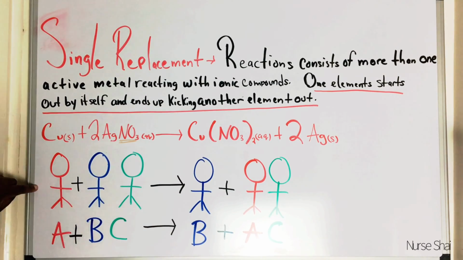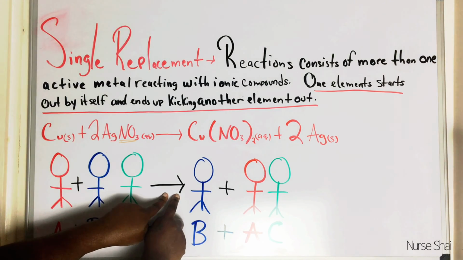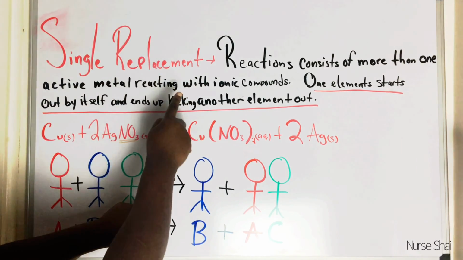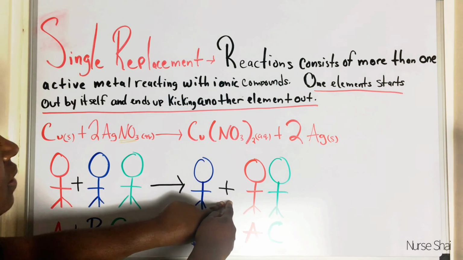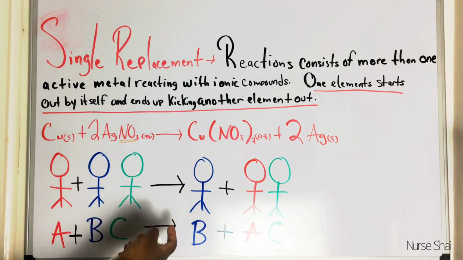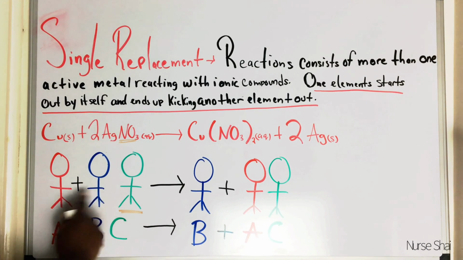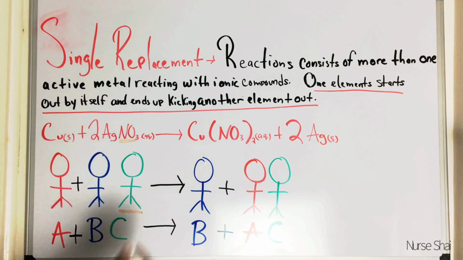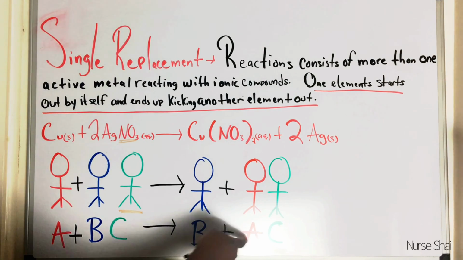Here is an illustration I painted for you guys. We have red plus blue-green, which in a single replacement reaction gives us blue plus red-green. So basically, they just switched partners, and the second reagent switched with the red one. Same thing here: A plus BC gives us B plus AC.